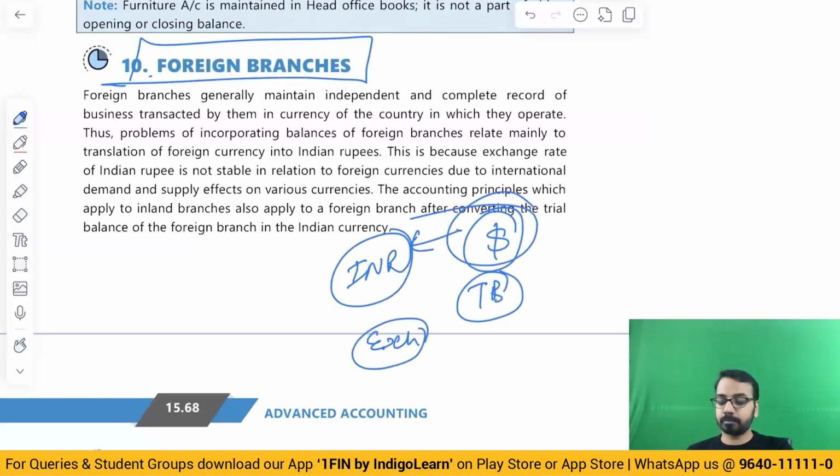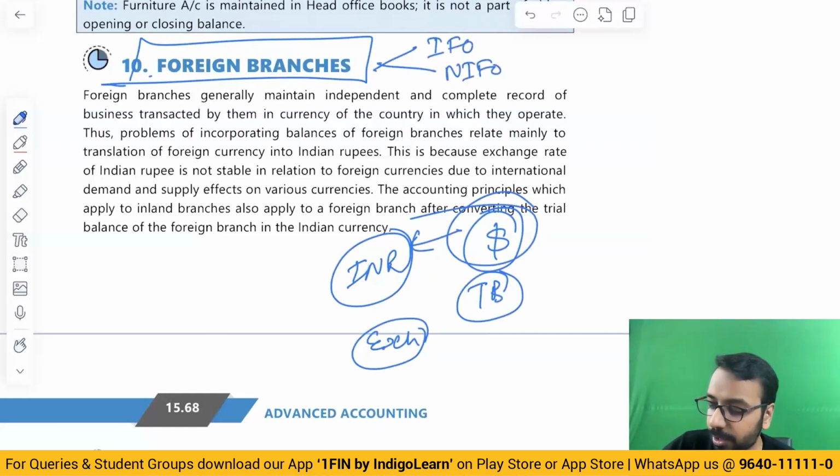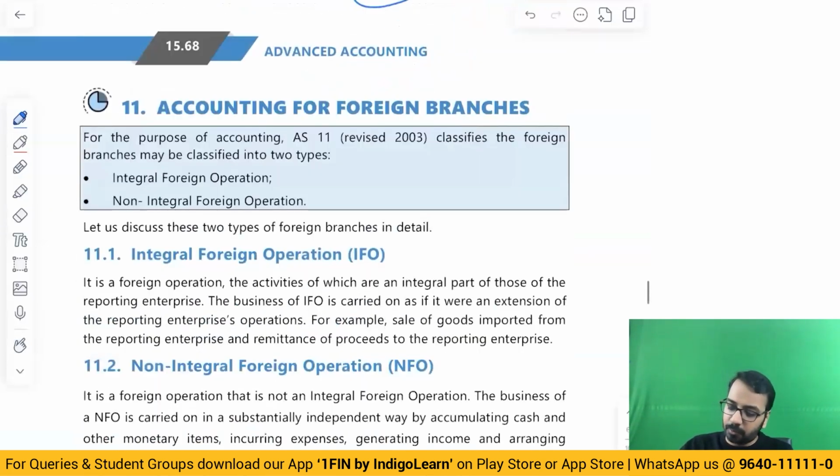Now, foreign branches are categorized into integral foreign operations and non-integral foreign operations. Now, what is the difference between the two? An integral foreign operation is just an extension of our business, an integral part of our business.